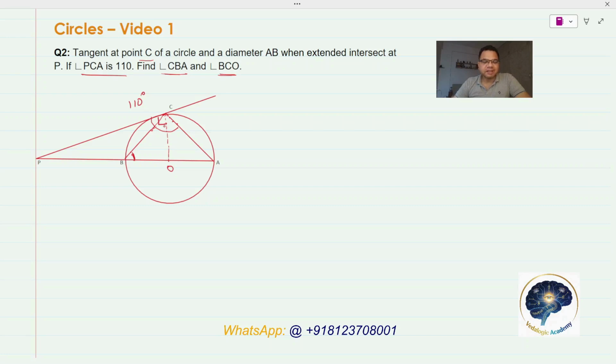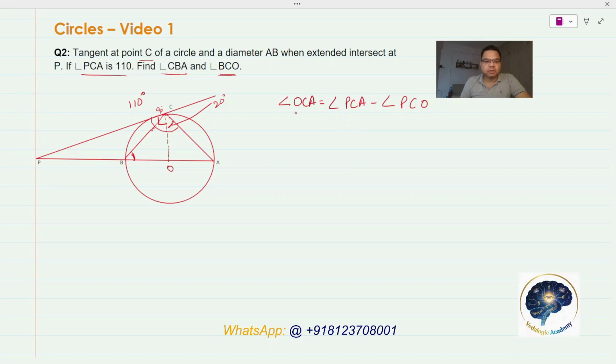So what is the next thing that I can do? I can find out this particular angle. So this becomes 110 minus 90, which is 20 degrees. Just to let you know, I am finding angle OCA, which equals angle PCA minus angle PCO.